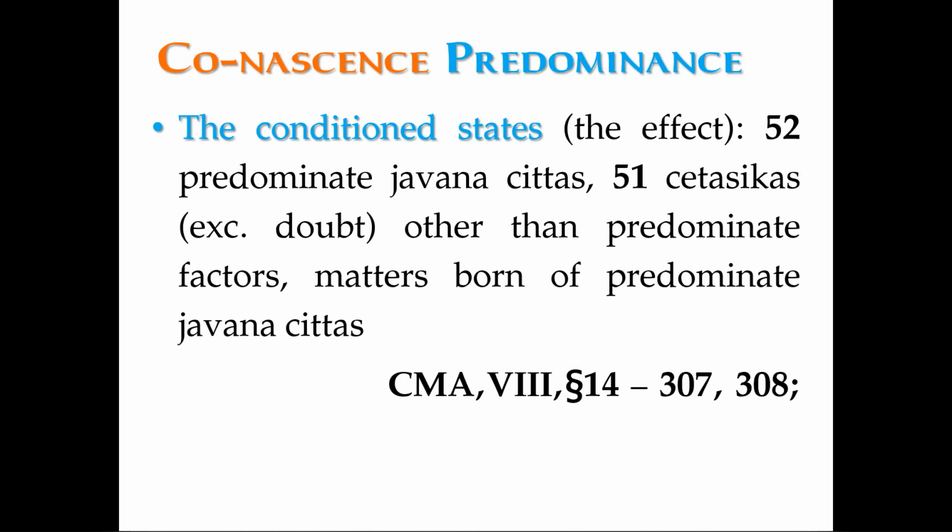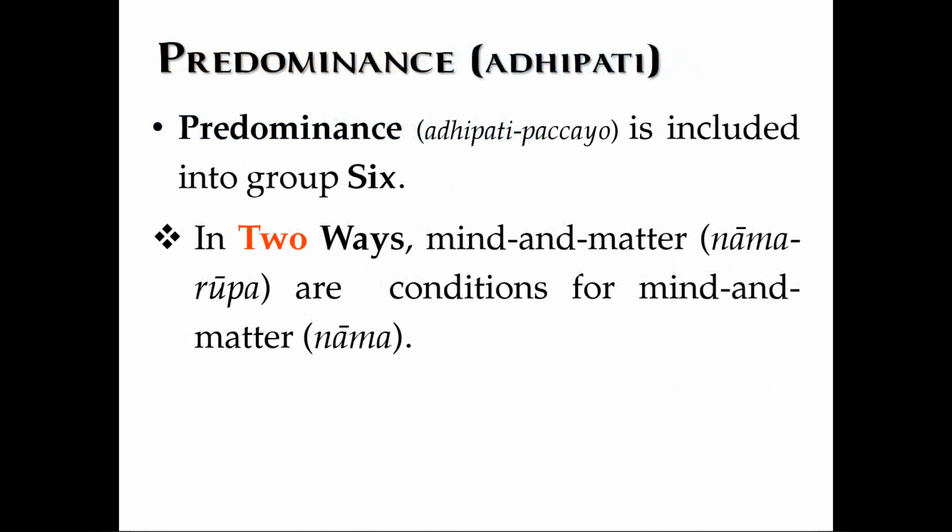So I think when you look at this one, predominance is included in group 6, because in 2 ways, mind and matter are conditions for mind and matter. Because when you look at page number 308, then look at the conditioning state.